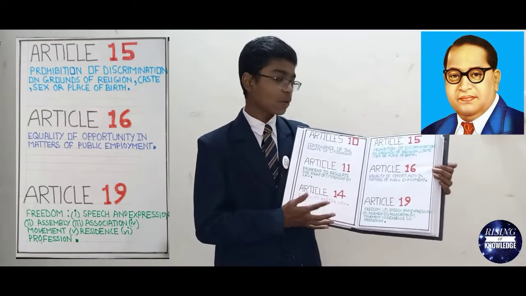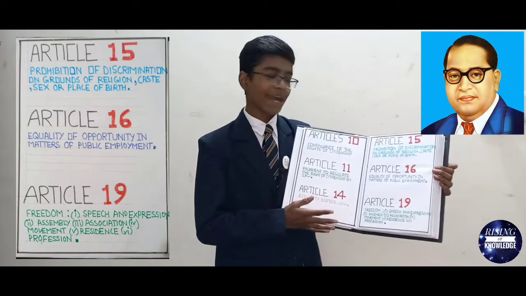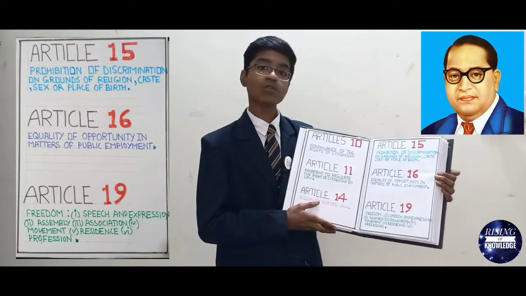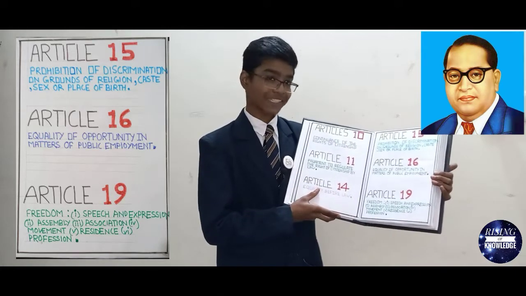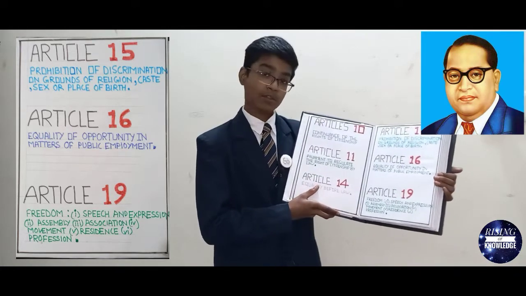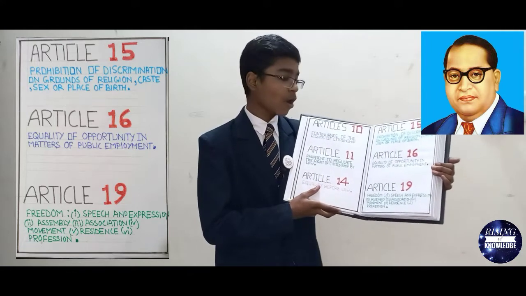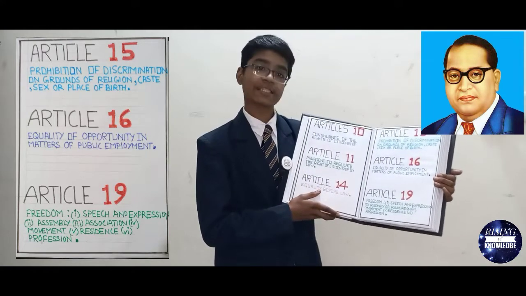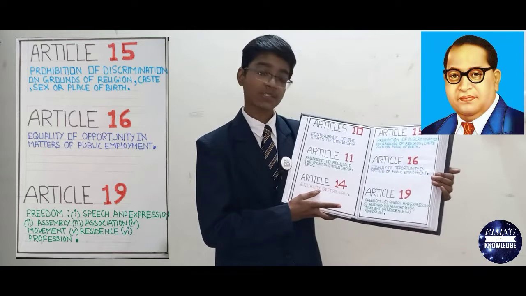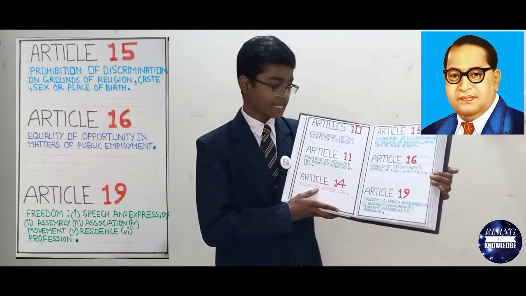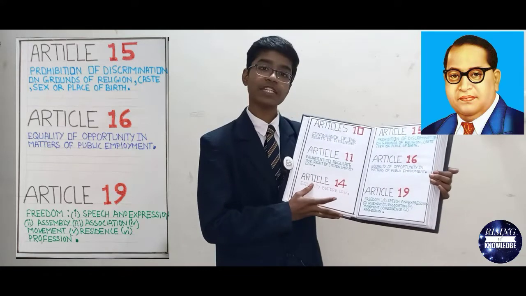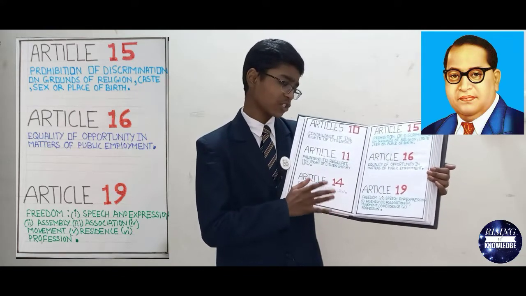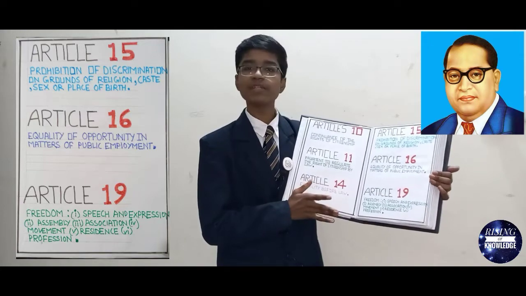There should be equality of opportunity in matters of public employment for everybody. Article 19 is a very important article. It's telling about the freedom of speech and expression, assembly, association, movement, residence, and profession.